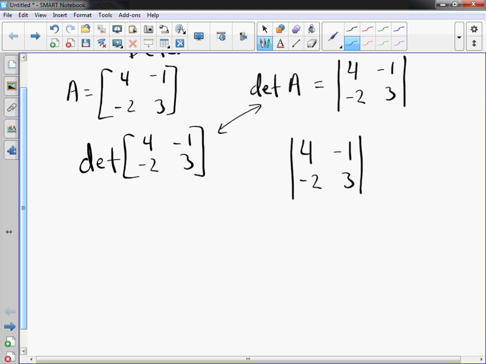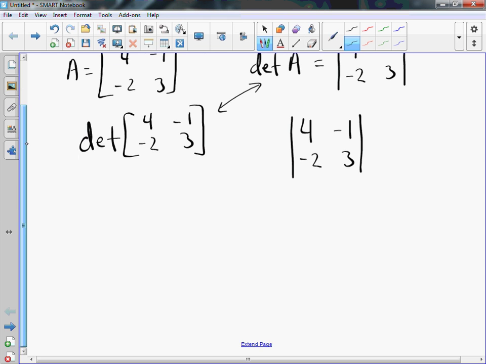I'm a fan of basket weaving, so we're going to basket weave this, which will end up being the same method we use for a 3x3 matrix in a minute. First I'm going to draw the diagonal left to right and multiply those numbers. 4 times 3 is 12.